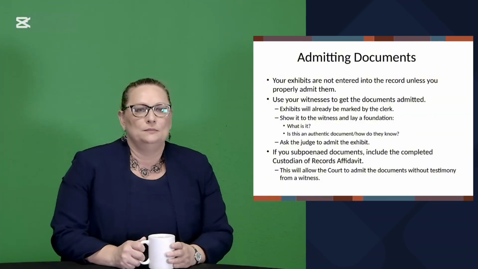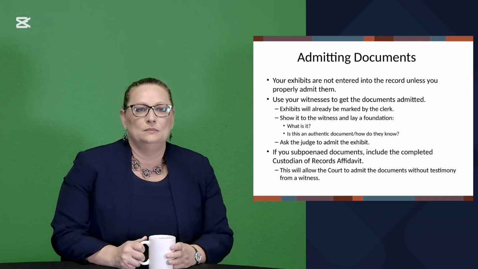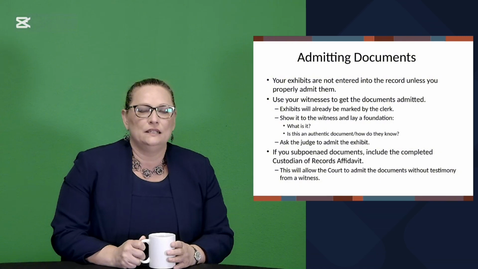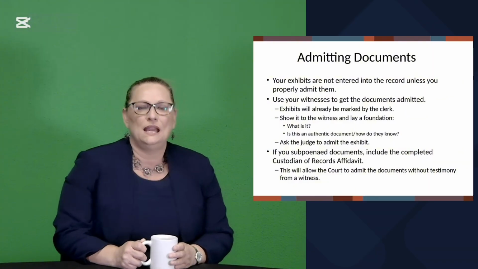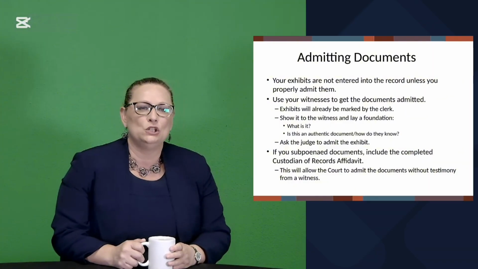Now, getting your documents admitted into evidence. The exhibits are not entered into the record until you actually get them admitted by the judge. You have to use a witness to get them admitted into evidence. They get marked by the clerk when you give them to the clerk at the beginning of the proceeding, but they actually have to be admitted by the judge.